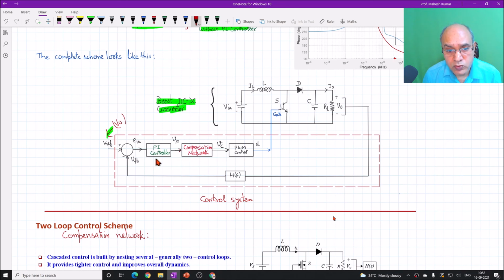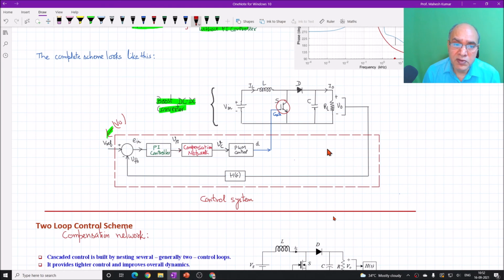Then the error is passed through the PI controller, then the compensator, then the PWM, and the output of the PWM block goes to the gate of the switch. So this is the closed loop control scheme for the boost converter to make it stable and to give the desired performance in terms of dynamic and steady state characteristics.